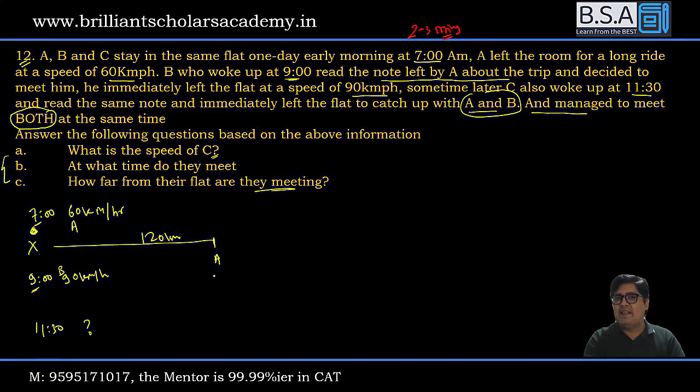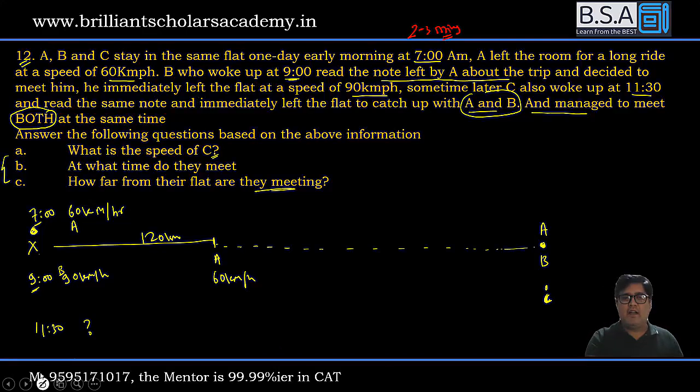Right now, B is starting his bike. The moment B catches A somewhere here, C also arrives at the same spot. So if I could find out where this is happening, how far, I can answer for C as well. Right now it is 9 a.m.